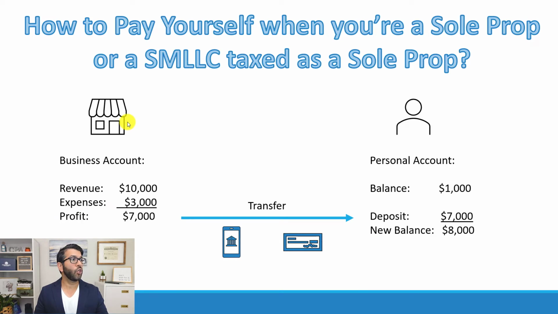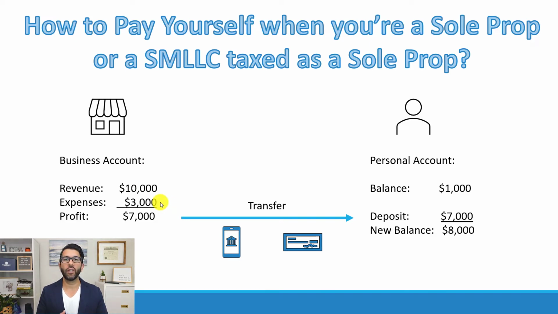I would hope that if you formed a business, you opened a separate business account at your bank, okay? And let's say for 1 month you had revenue or sales of $10,000. And let's say in order to get that revenue, you also incurred expenses. In this example, I'm saying $3,000 of expenses, okay?